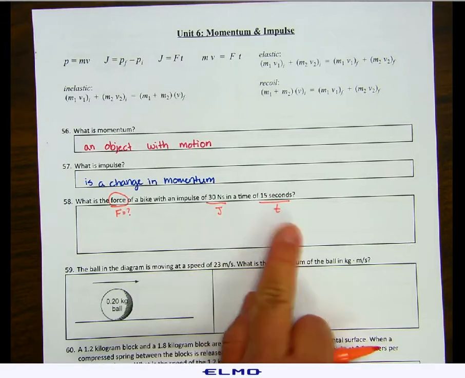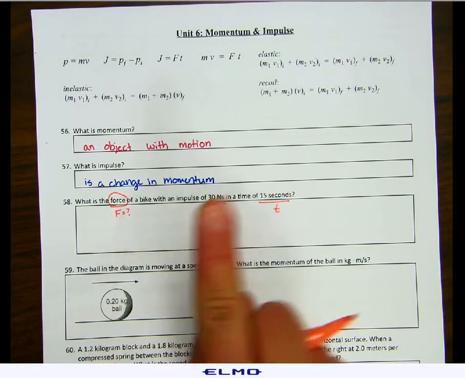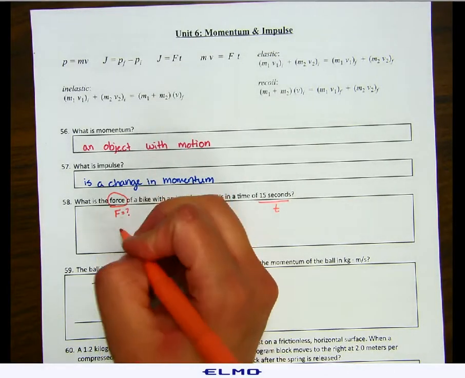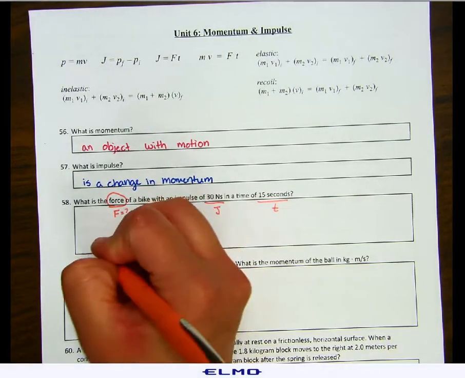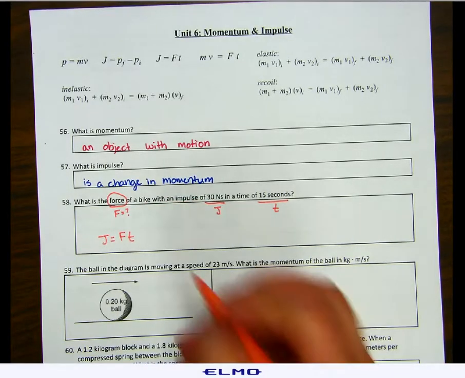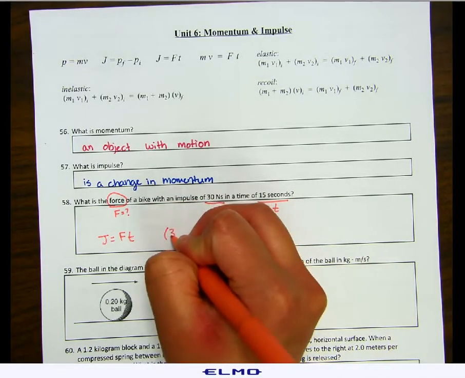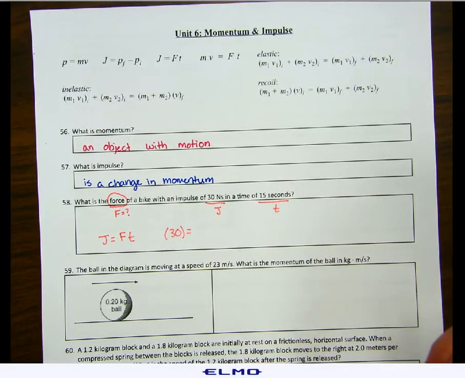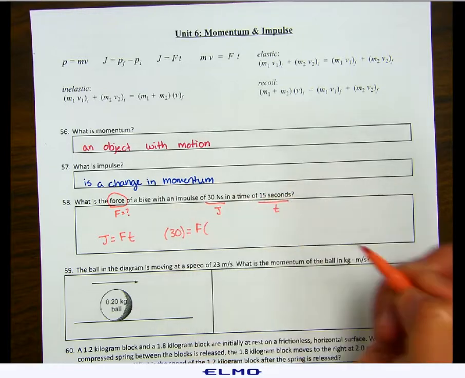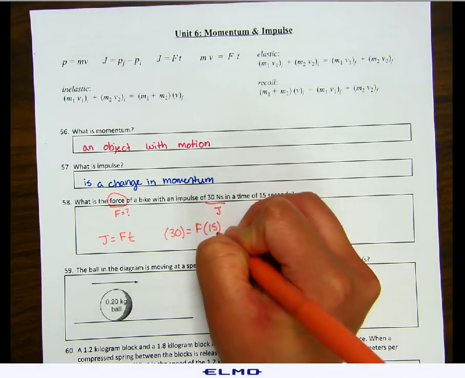We're going to use impulse equals force multiplied by time, but we're going to have to rearrange it. When you plug in your numbers, impulse is 30, we're looking for our force, and our time is 15 seconds.